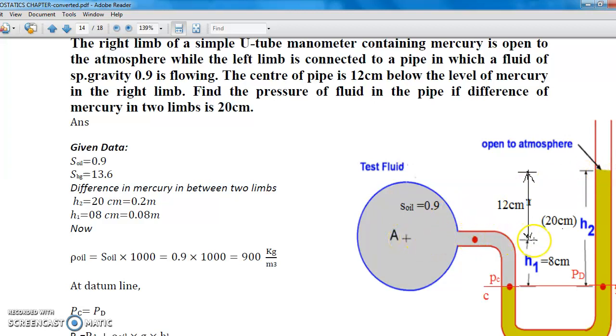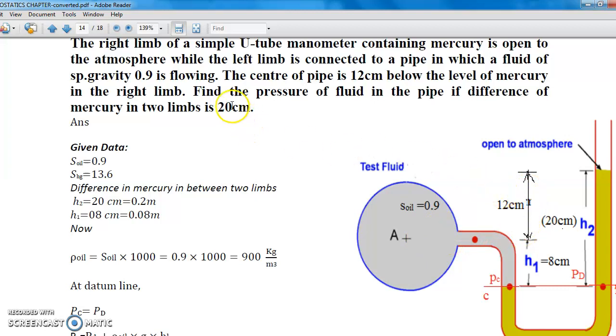What is the distance between them? The level of the mercury in the right limb and the center of the pipe, that is 12 centimeter below. Here you see this is the 12 centimeter below.